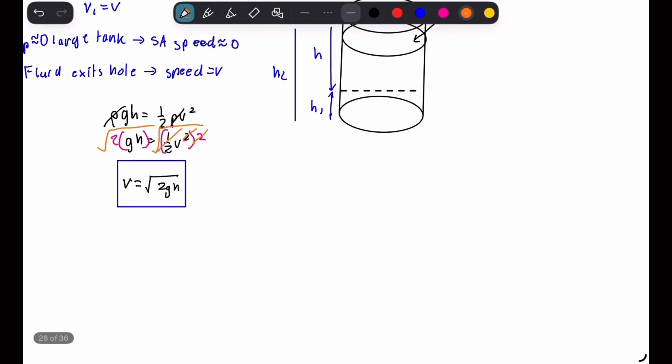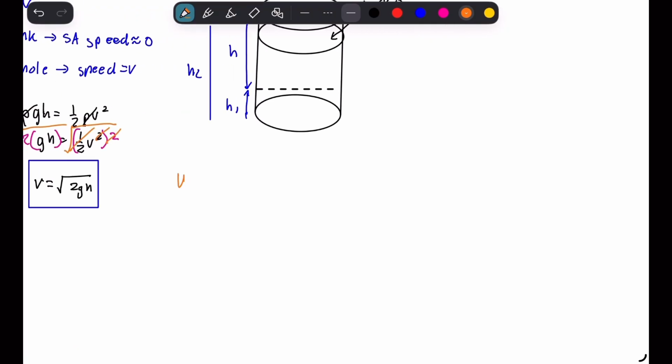So what this means is that UG becomes kinetic energy and the fluid exits with the same speed as an object falling from height h.